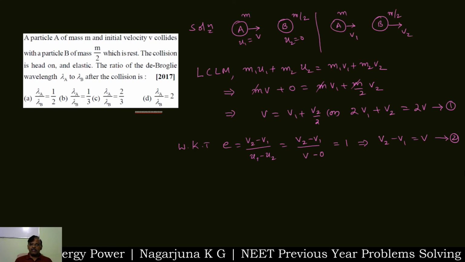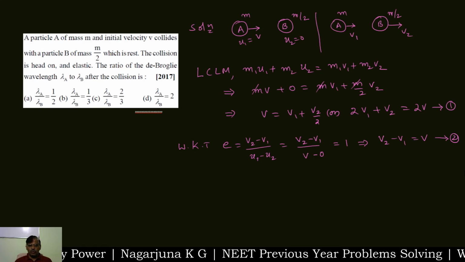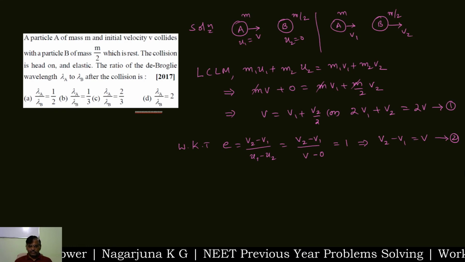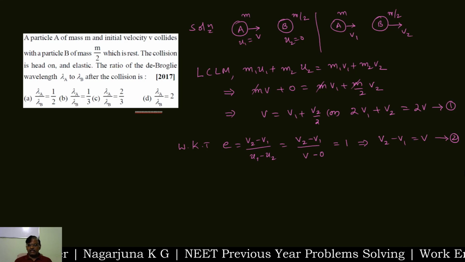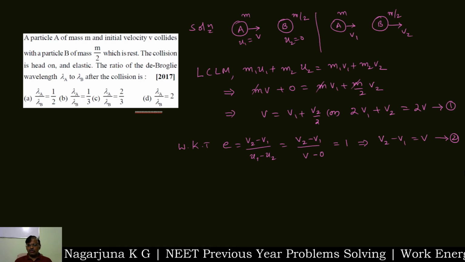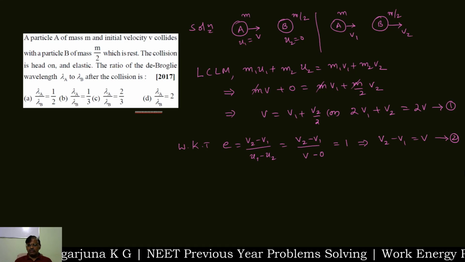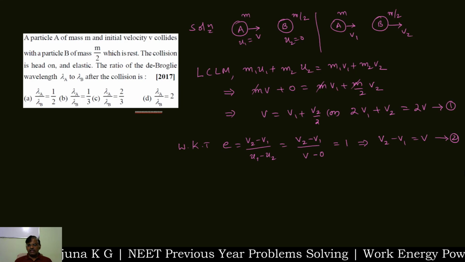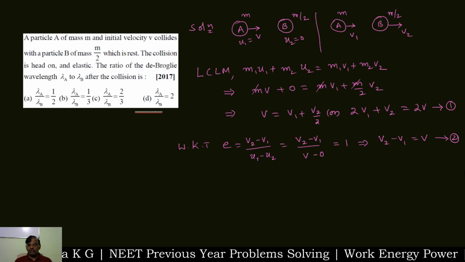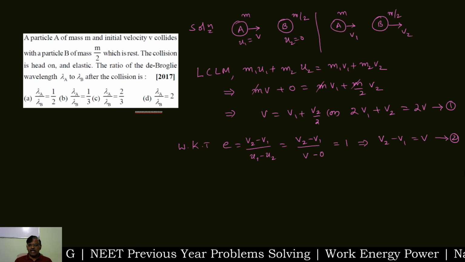By solving equations 1 and 2, the first equation stays as it is, and the second equation is multiplied by 2, giving 2v2 minus 2v1 is equal to 2v. By adding, the minus 2v1 and plus 2v1 cancel.